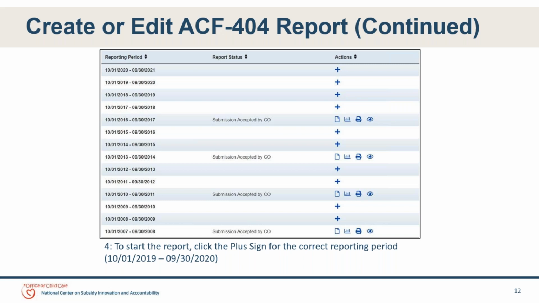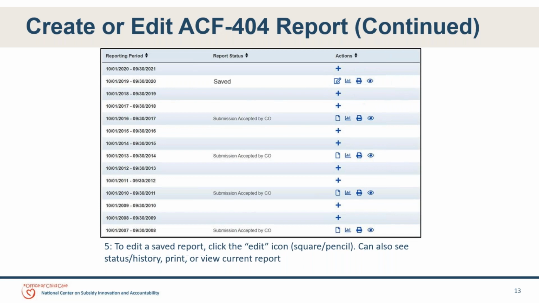So to start the report, you will refer to the line for 10/1/2019 to 9/30/2020 and click the plus sign that you see here. Once you're on this page, you will also see the 404 report's prior reporting periods as well. These are available for you to view if you like.